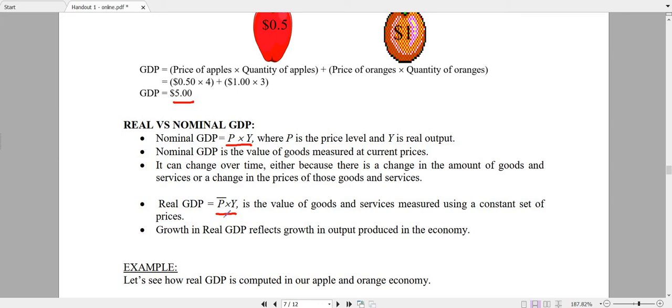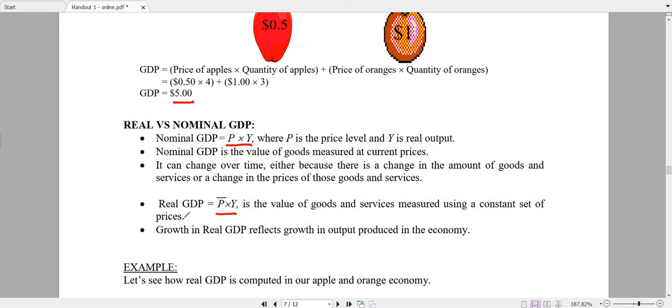We take a base year and the price is always fixed according to that base year. So for example, if I want to calculate the real GDP for the year 2020, I will take a constant price level. For example, if my base year was 2015, I will be using the price of 2015 times the current production, that is the production in 2020.